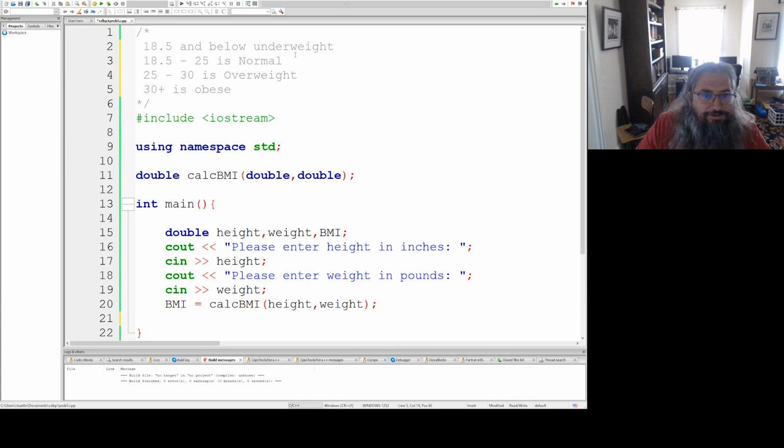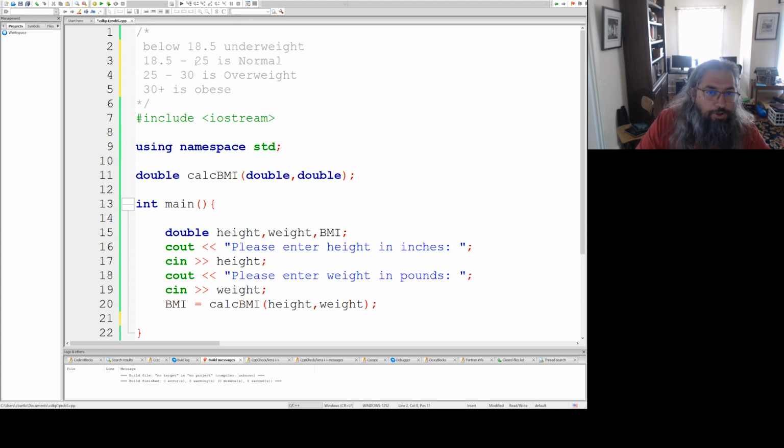So I got a little decision making here. See, these numbers overlap, and I can't be both normal and overweight, right? So what I'm going to do is I'm going to say if you're below 18.5, you're underweight.